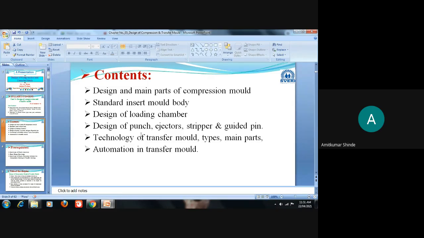Then design of different parts like ejector pins and punch that we have discussed. Then the transfer mold design, its parts, the types of the transfer molding process, and how automation is used in it. One numerical we have also solved, the same numerical two times in the practical session, and in this theoretical session I have taken the review. In this way, this fifth chapter is completed.